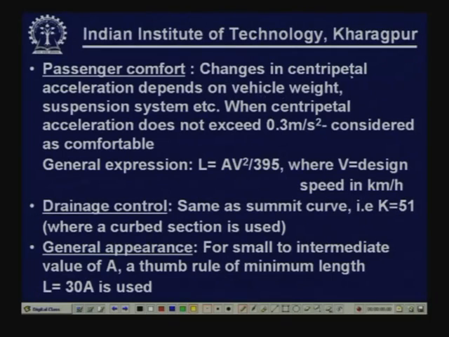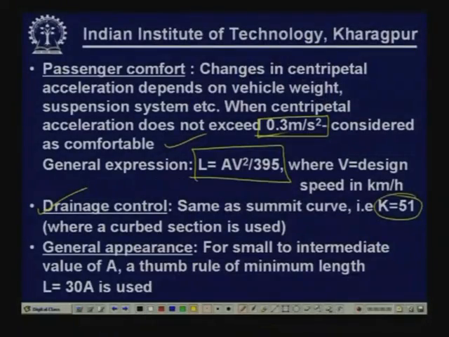Changes in centripetal acceleration depend on vehicle weight, suspension system, etc. When centrifugal acceleration does not exceed 0.3 meter per second square, it is generally considered comfortable. According to that, if we take the general expression, then the length of the curve may be obtained like this. Similarly, for drainage control, this we have already discussed.